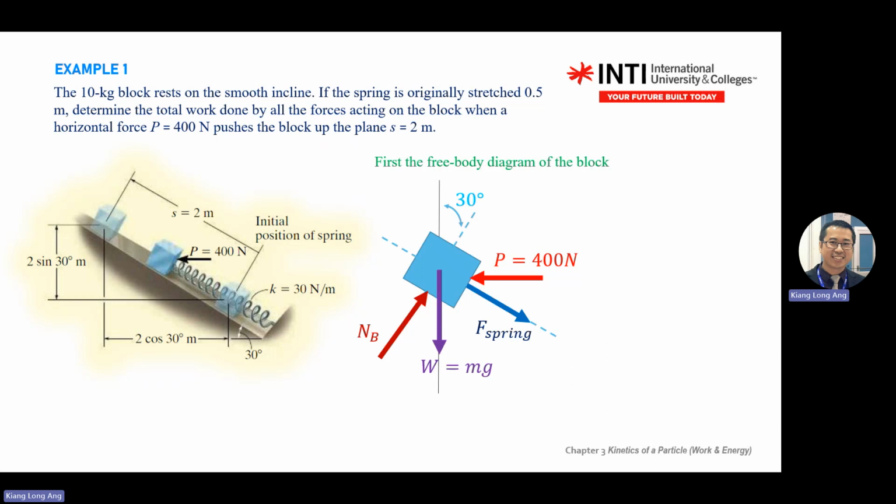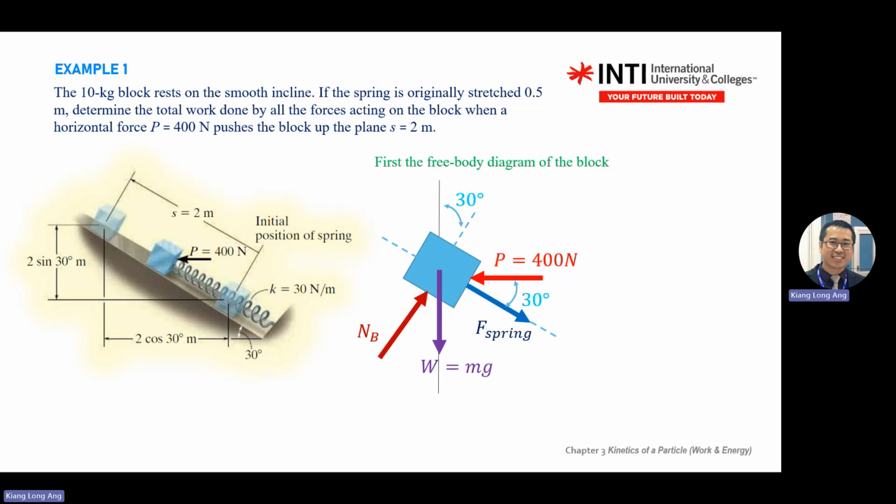When you imagine P is pushing up, you're reversing, so what you feel for your body is that you're actually pulling out the force. So the force is pointing down. Imagine you are the block attached to a spring. When you're pushed up the slope, you actually feel the spring pull you. So the direction is pointing down. Make sense?